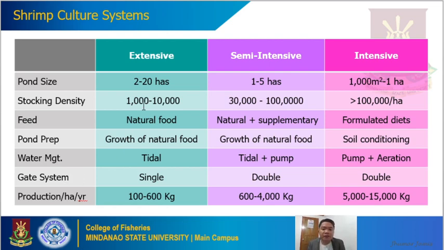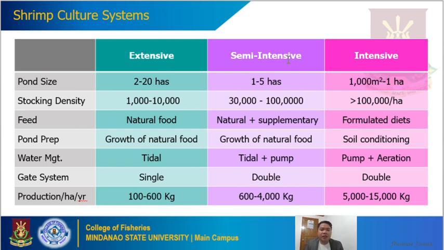It is a very vast or wide area for extensive aquaculture, since you will be needing the growth of natural food organisms as a primary source of food. So normally you will need very wide areas. Semi-intensive will have at least 1 to 5 hectares. So supplemental feeding will be employed in this one. Intensive aquaculture will have a pond size of 1,000 square meters to 1 hectare. So that's basically the main difference between the three according to pond size.